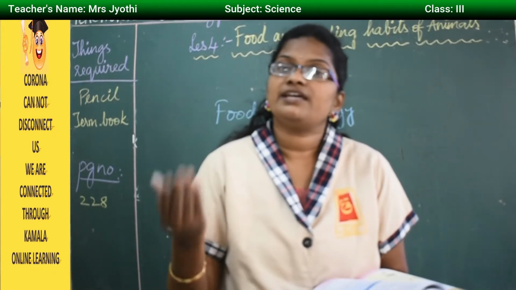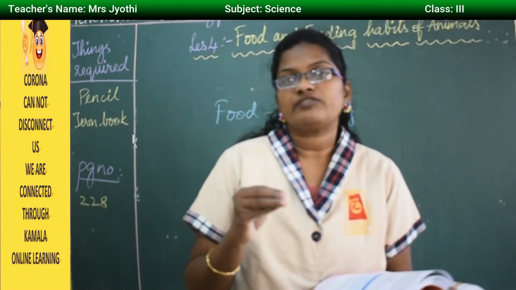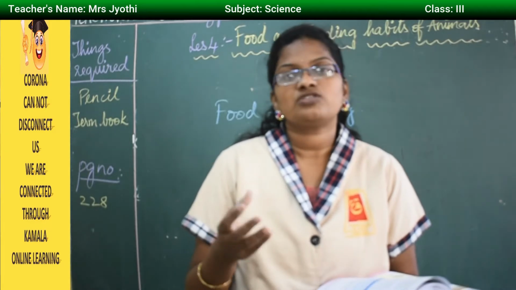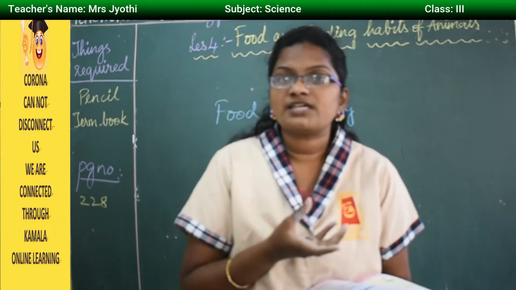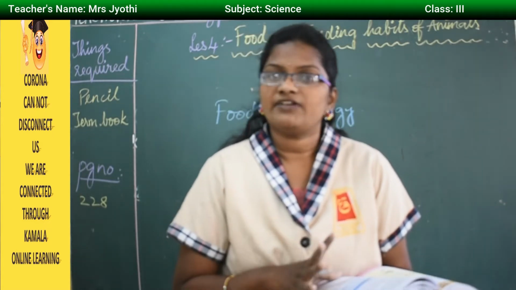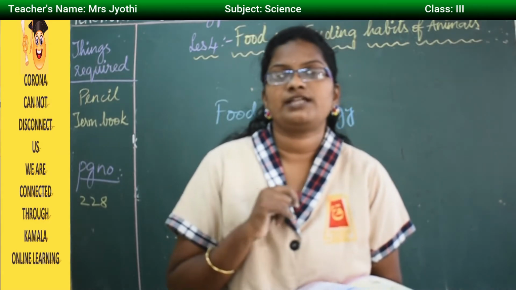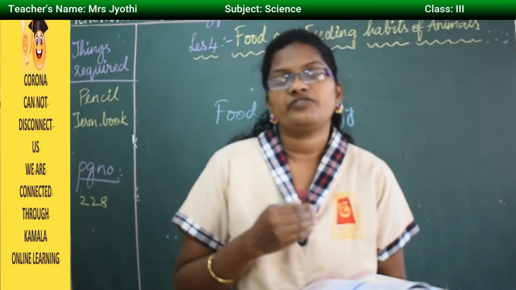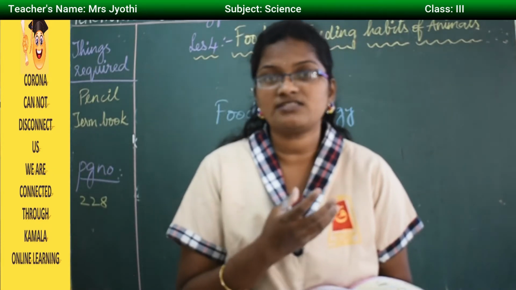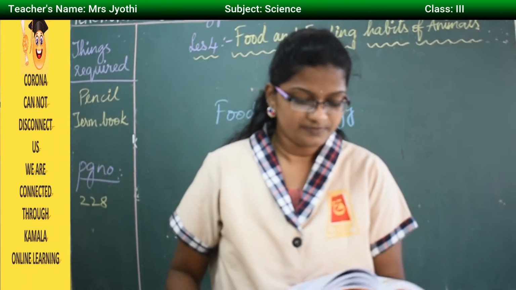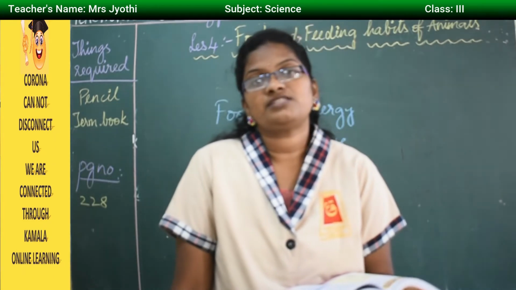Their teeth and facial parts are completely different from one animal to another. So in this lesson we will learn about the food they eat and the facial changes they have.